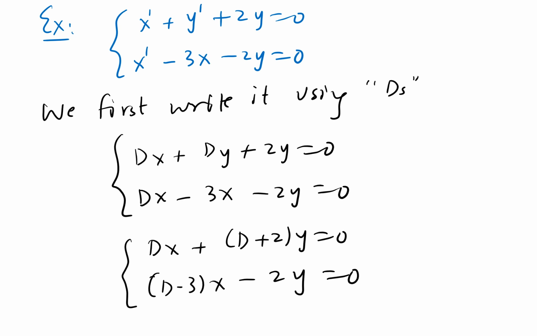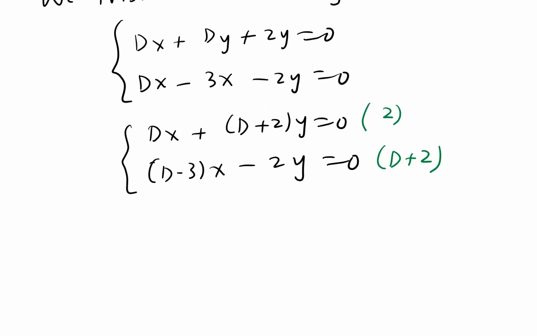Either you eliminate the x or eliminate the y. Let's say I want to eliminate the y. To eliminate the y, I need to multiply the first equation by 2 and the second by (D plus 2). The first one becomes 2Dx plus 2(D plus 2)y equals 0.